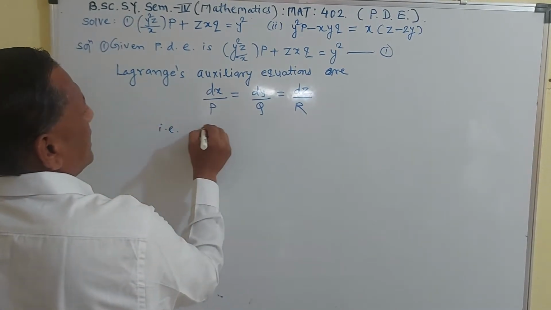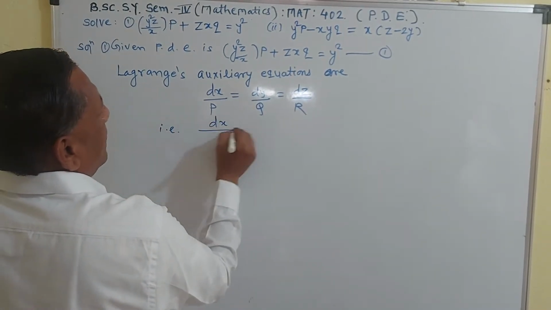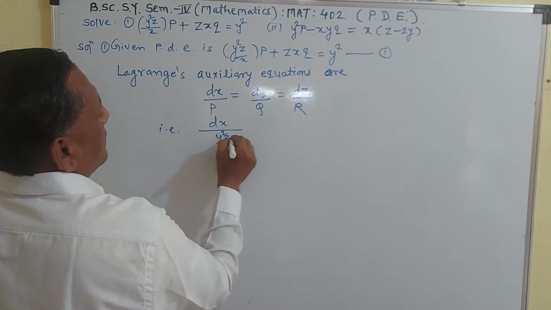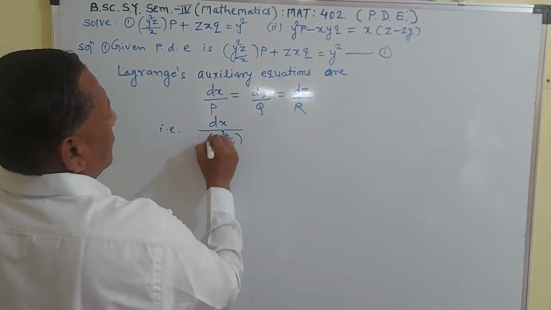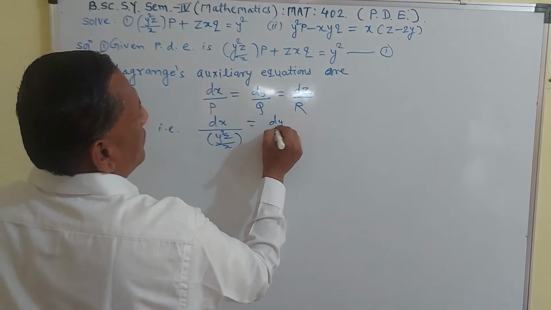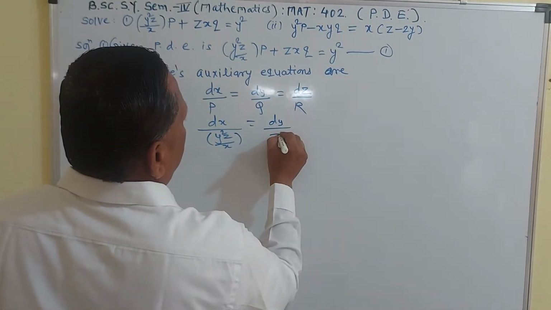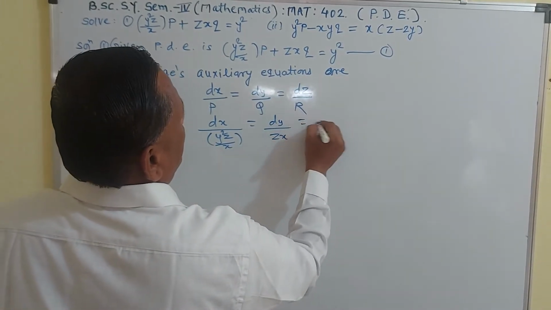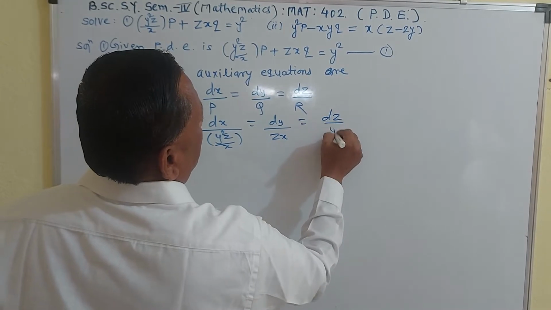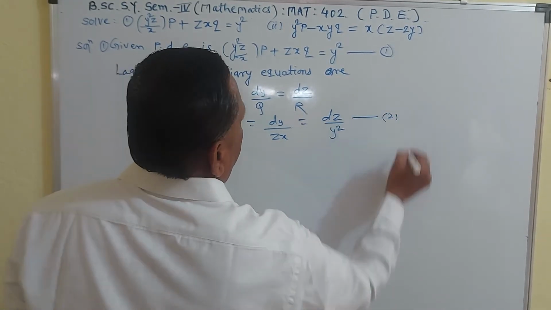So this can be written as dx upon y square z upon x is equal to dy upon zx is equal to dz upon y square.